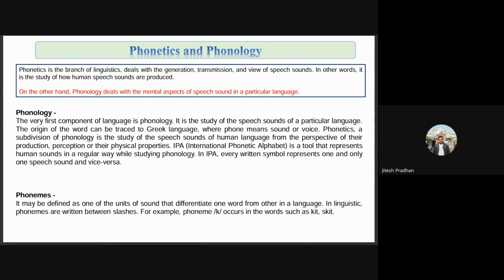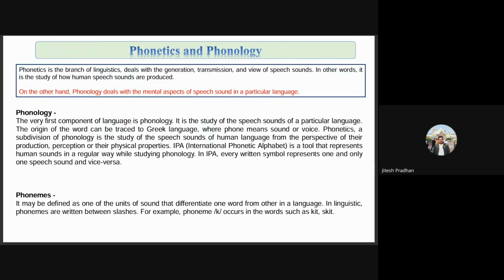Phonetics-based technology is used by Google Translator, where we can speak and it hears and processes it. Like Google Translator and Alexa, where we can speak and it can translate, these are common examples where phonetics or phonology has been used.